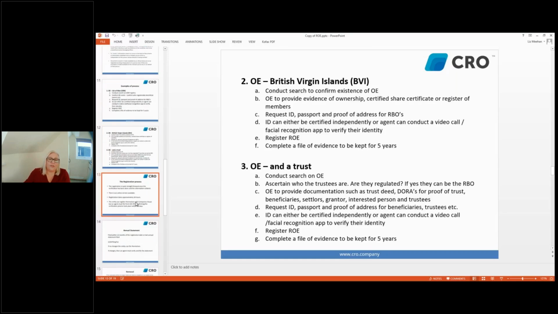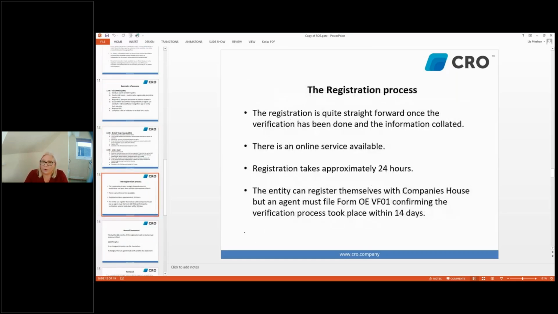So as I said, the registration process is actually quite simple. It's just a case of putting all the information onto the Companies House web portal, and registration takes about 24 hours as well. The entity can actually register themselves on Companies House, and then as a second part, the agent can verify the information afterwards, but that's a bit long-winded.